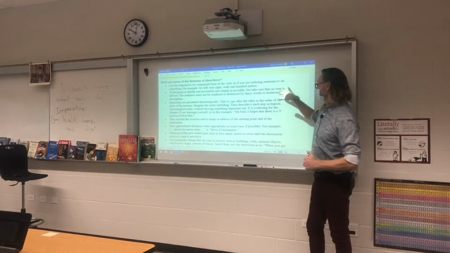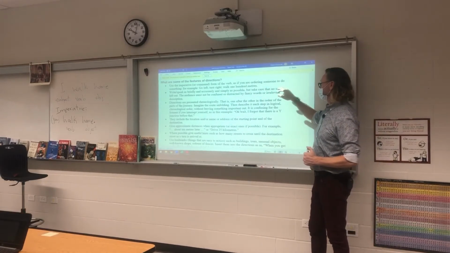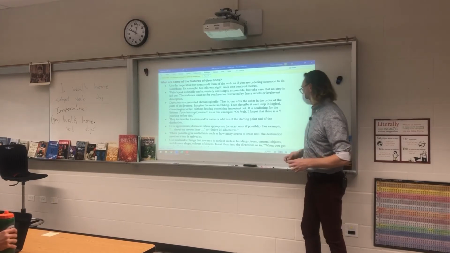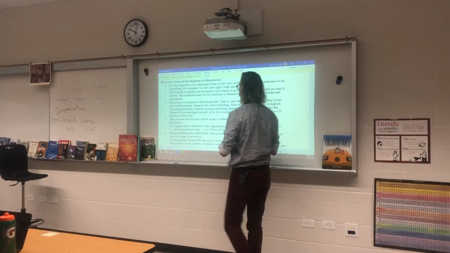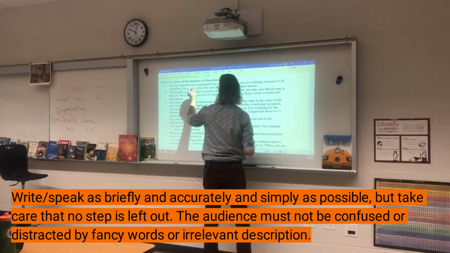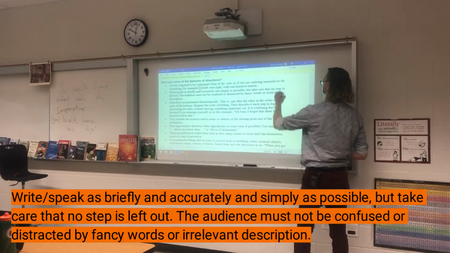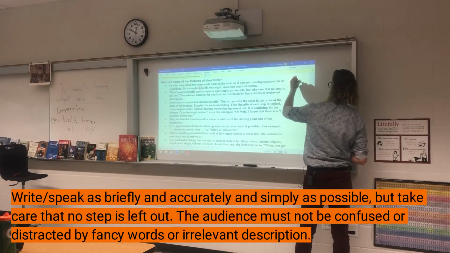Use the imperative form of the verb as if you're ordering someone to do something. Go left, turn right, walk 100 meters. Now, I want to stress here, avoid vague verbs.